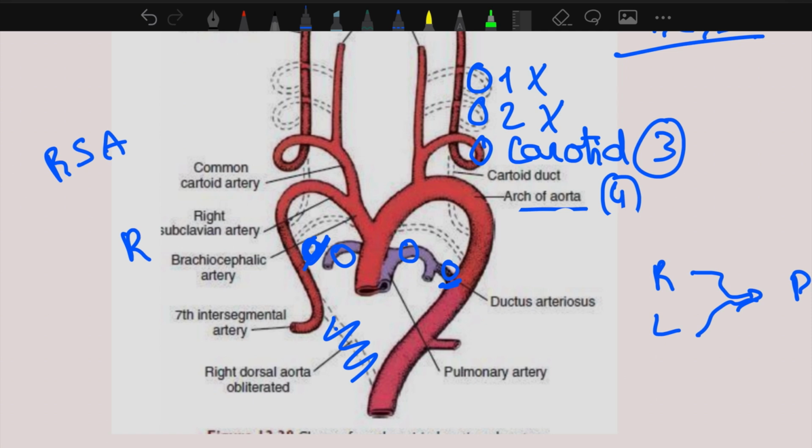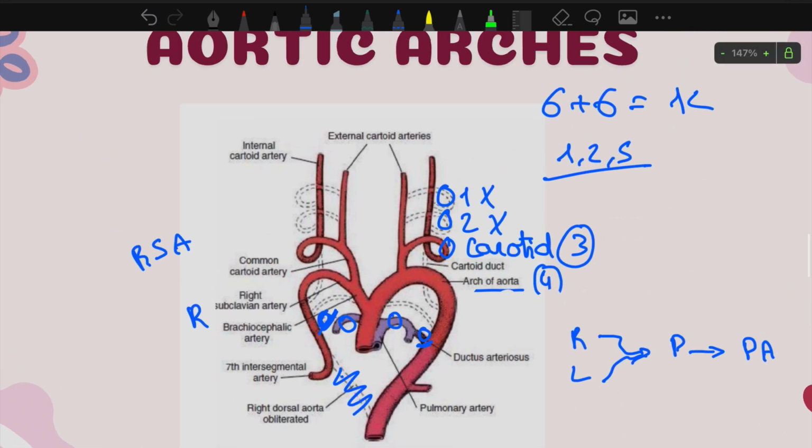So the two distal parts of the fourth and the sixth aortic arches will disappear. And that's basically it for this one. So just to review quickly, the first, second and fifth ones will disappear, and also the distal part of the fourth one, and the distal part of the sixth one.